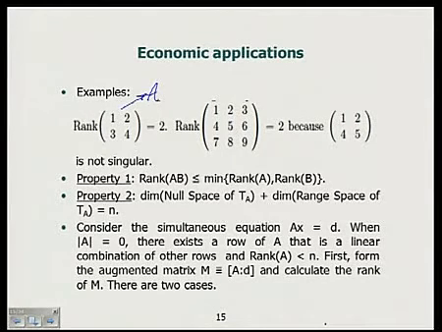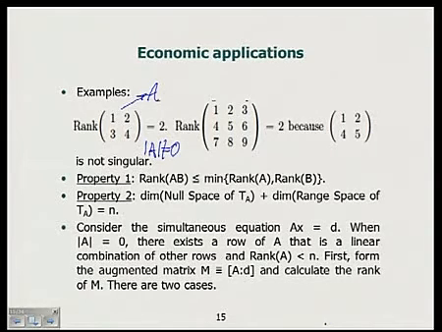The rank of A is equal to 2. Why? Because the determinant of this matrix is different from 0. It's 1 times 4 minus 3 times 2, which in this case is minus 2.